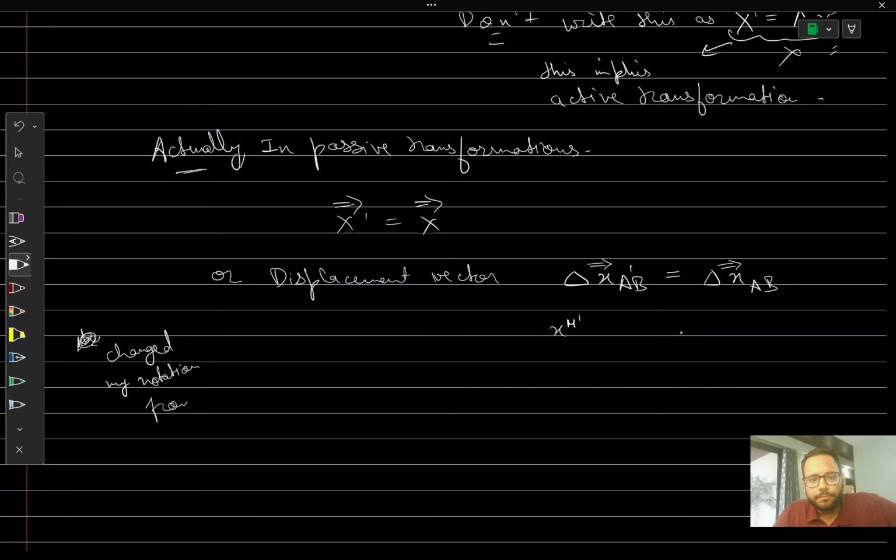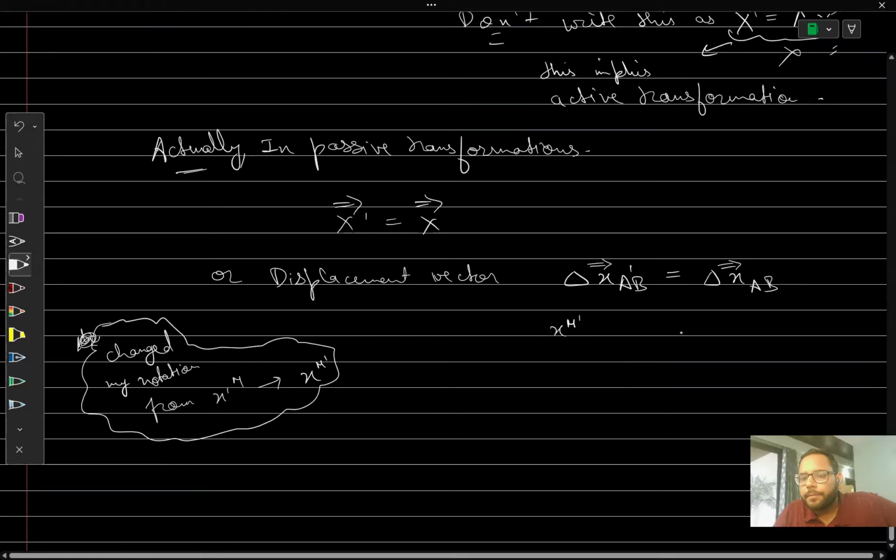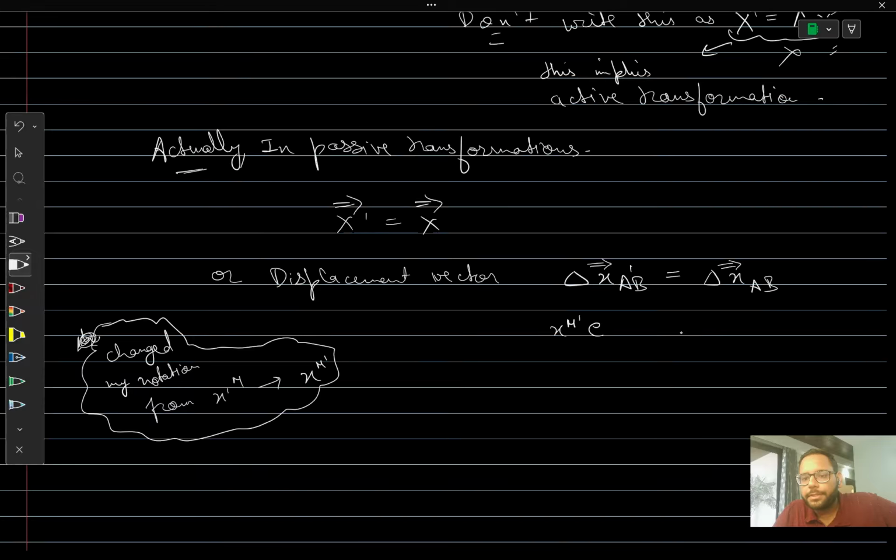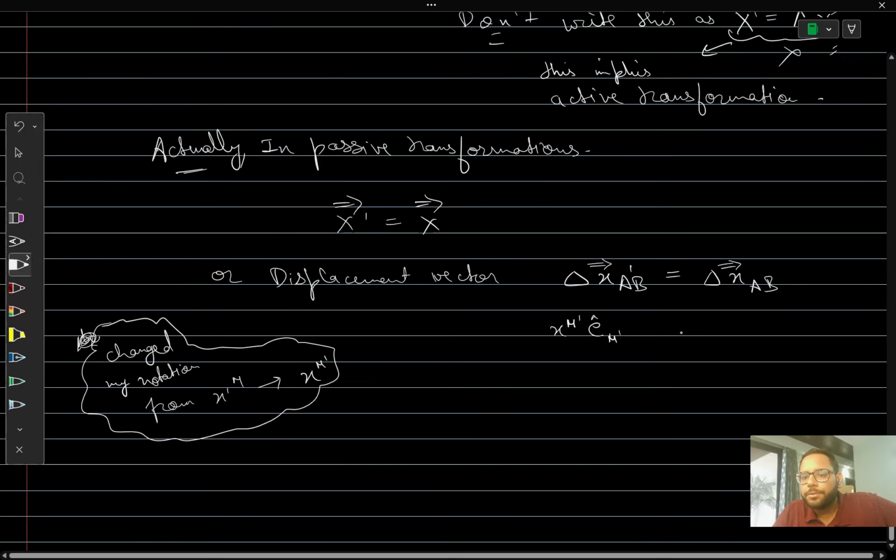From x prime mu to x, you will write in summation form. This is the basis vector. You can write it like this. The prime is over the index.